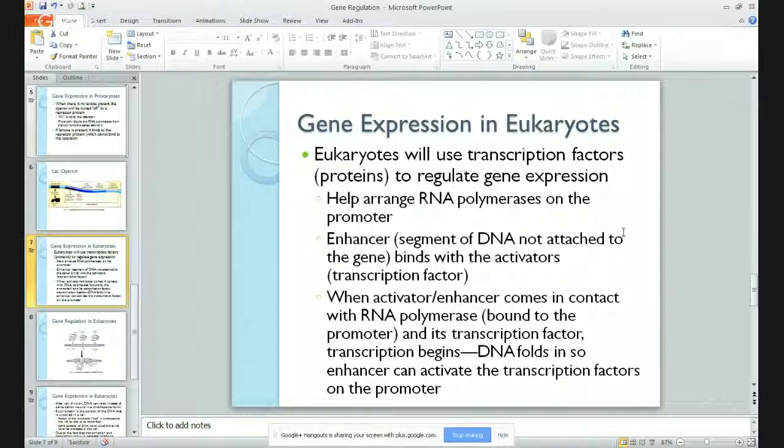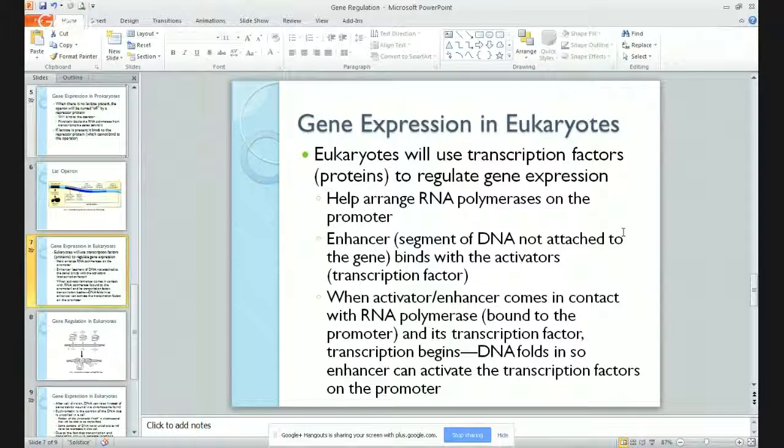There is an enhancer. This is a piece of DNA that's not actually attached to the gene, so there's an enhancer, a little bit of DNA in between, then you get to the promoter. I've got a picture, don't worry. The enhancer does bind with the activator, which is a special transcription factor, or a special protein.